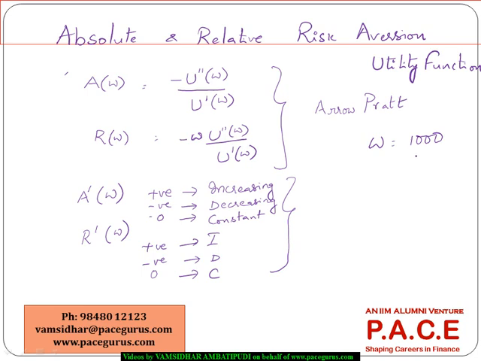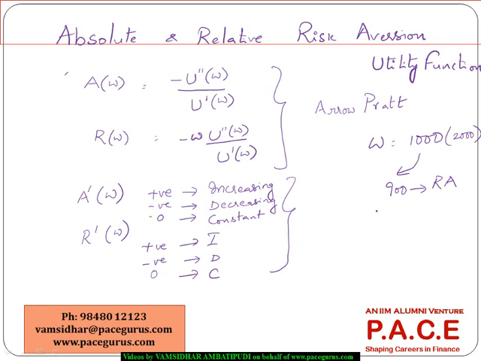If a significant absolute amount, let's say 900 or 800, of his wealth is in risky assets, and as his wealth increases, let's say from 1000 to 2000, he will be exhibiting declining absolute risk aversion.